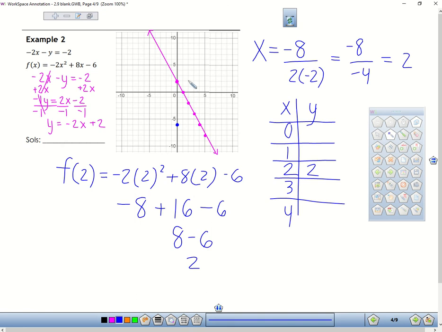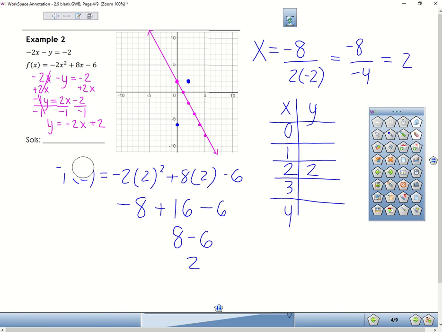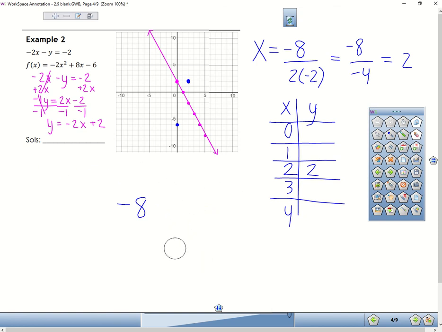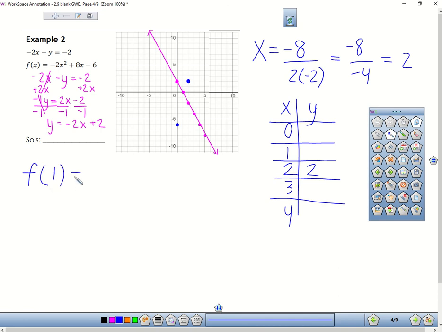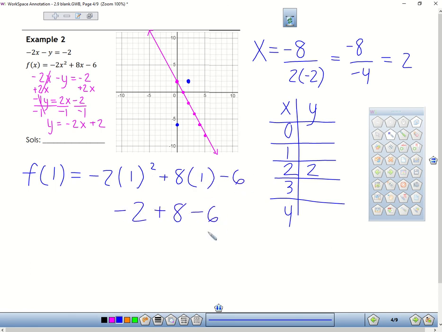So 2 is up here. Now we're going to plug in 1. I think it's going to be 0, but we'll do the math. So this becomes negative 2 plus 8 minus 6.